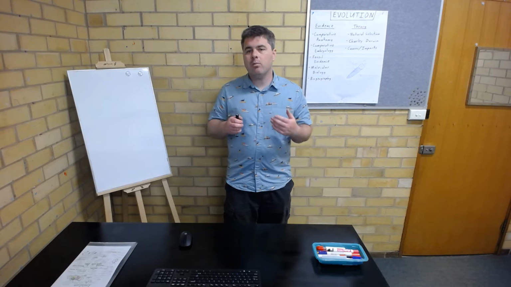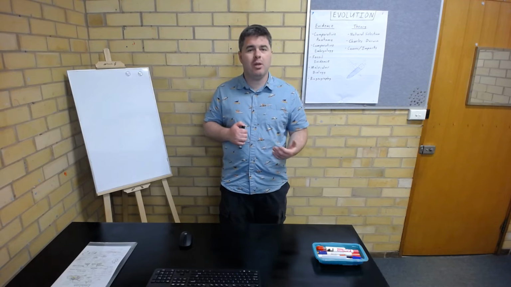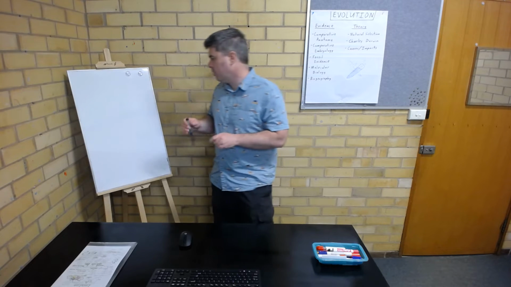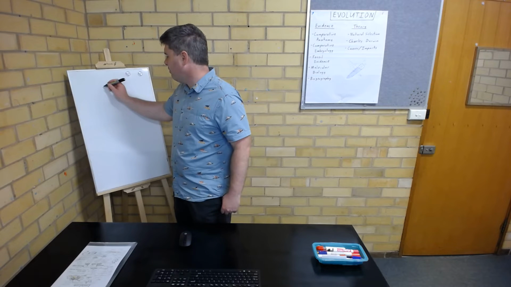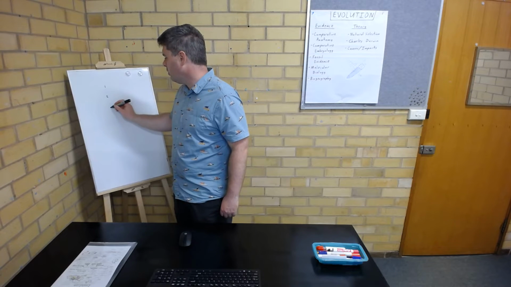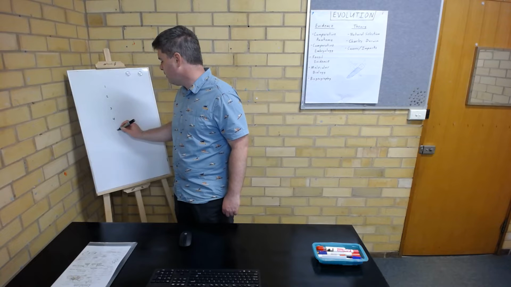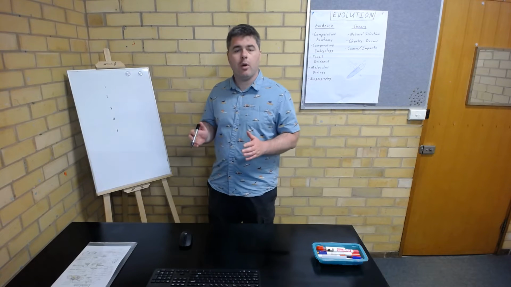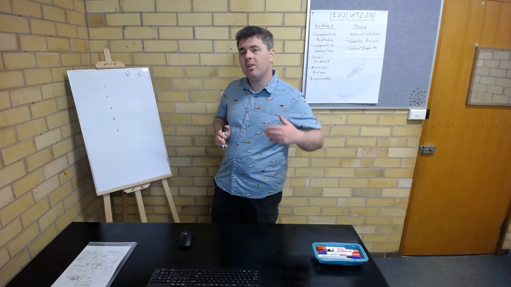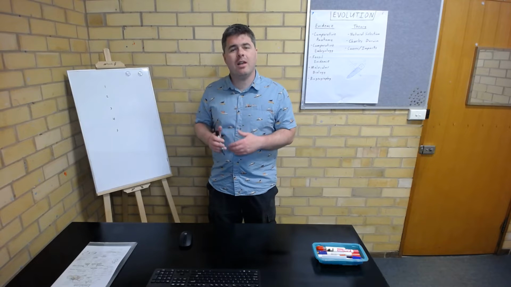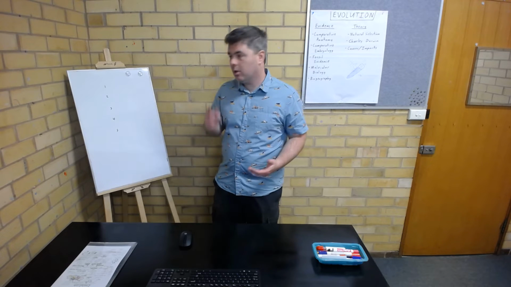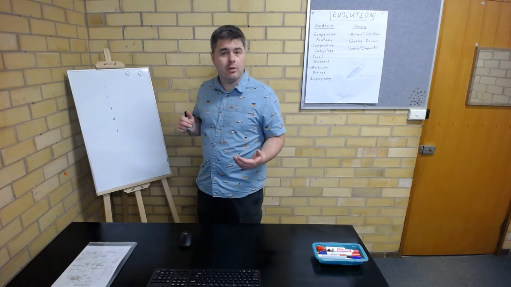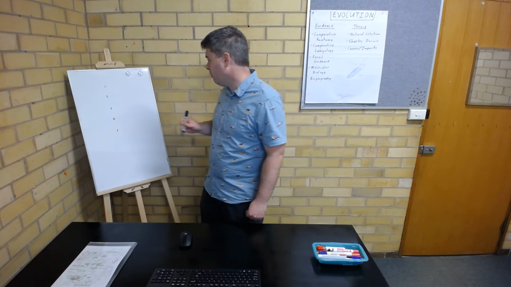Now, the reason why things are going to change over time is because of variety. Okay? So if we have generation 1, 2, 3, 4, 5, and so on and so forth, going down, we're going to notice that over time, there are going to be unique traits that are born into each generation, often as a result of mutations or genetic abnormalities.